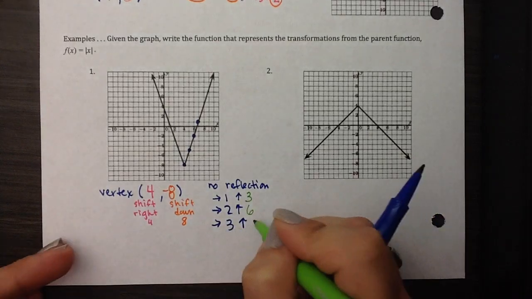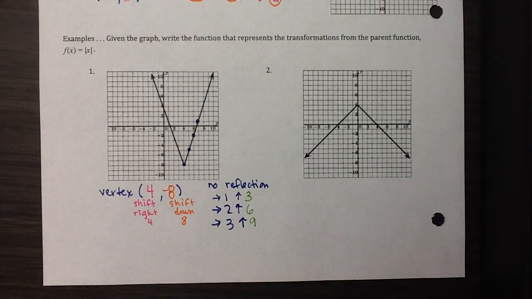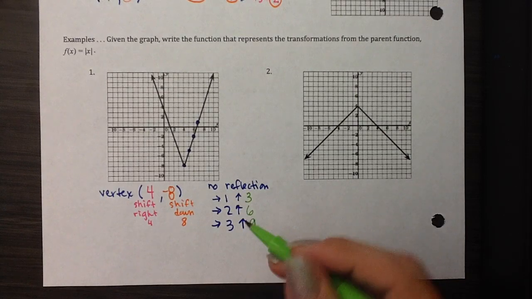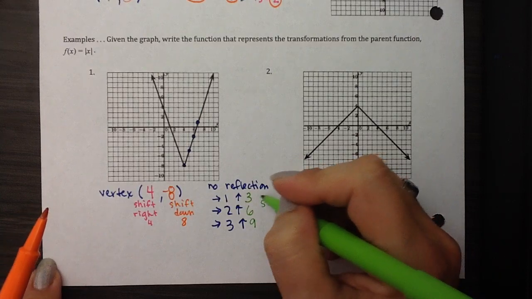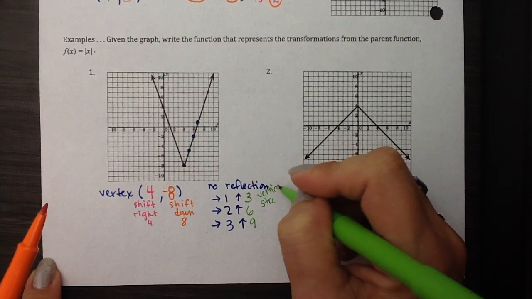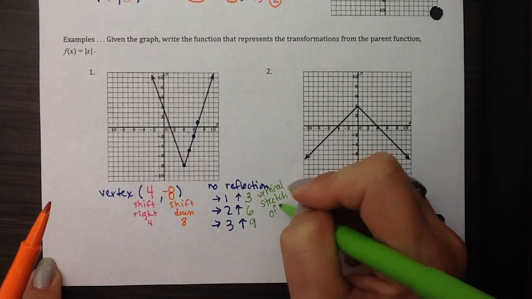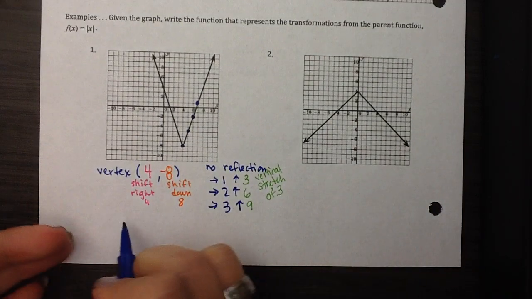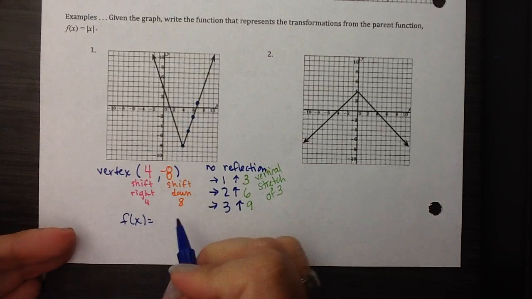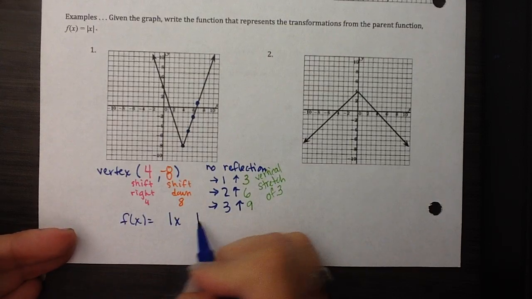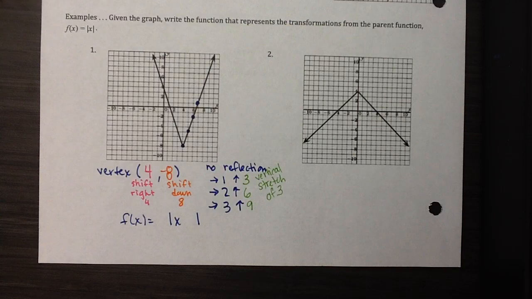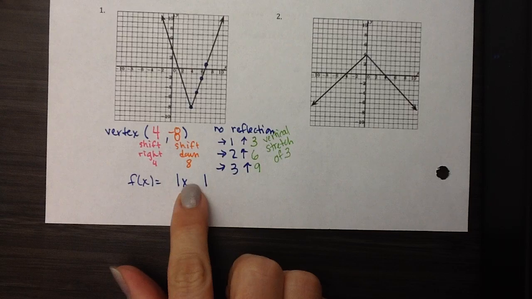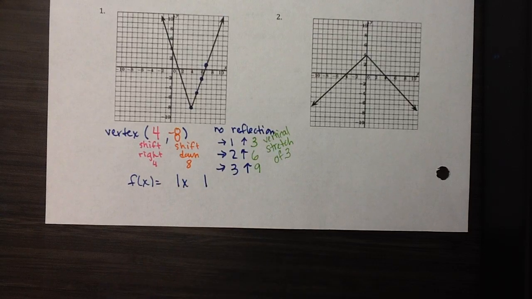So can you tell what we're doing as far as our stretch? Instead of going by 1, 2, and 3, I'm going by 3, 6, and 9. So that is going to give me a vertical stretch of 3. So if I start with my original absolute value function, f of x equals absolute value of x, and then I put all those transformations in there, shifting right, remember, goes inside that absolute value, but I have to do the opposite sign.